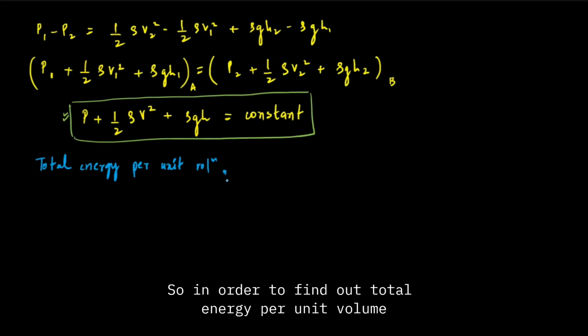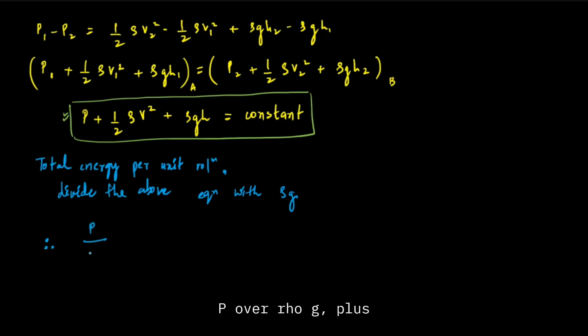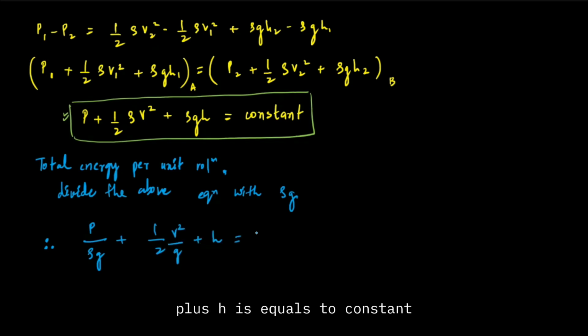So in order to find out total energy per unit volume, divide the above equation with rho times g. So what we are going to have is P over rho g plus half v square over g plus h is equal to constant.